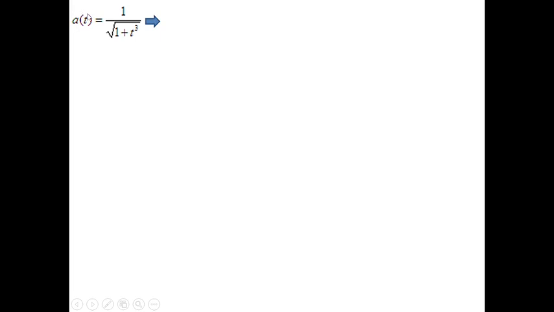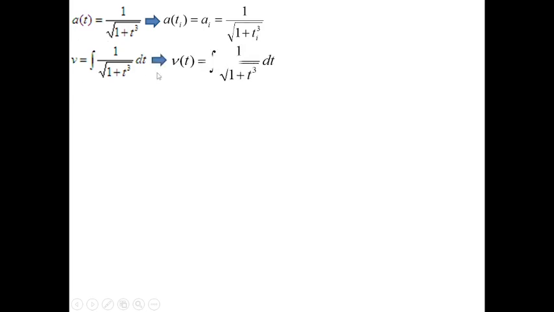Now this acceleration, we can replace t by t sub i. So we have a sub i equals 1 over the square root of 1 plus t sub i cubed. Then the velocity, we know this formula that was derived in the previous slide.